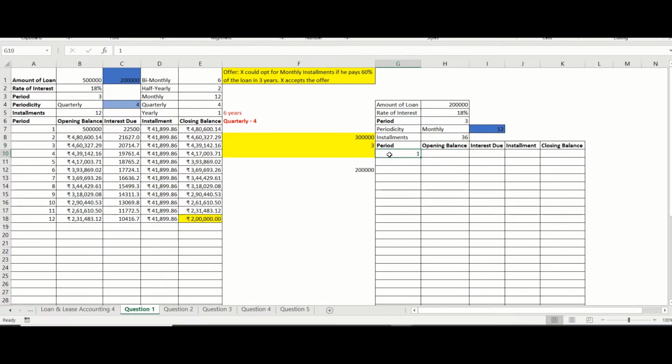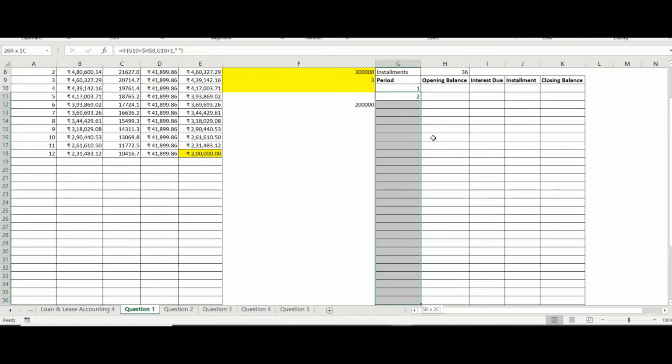For the first period I will write 1 as it is. For the second, if this is less than the total number of installments and I fix it, then what do I do? I add 1, go to the next installment, otherwise nothing. So I drag it down.